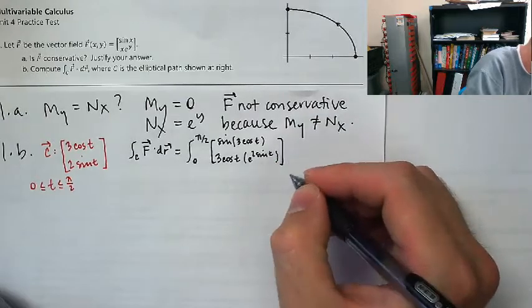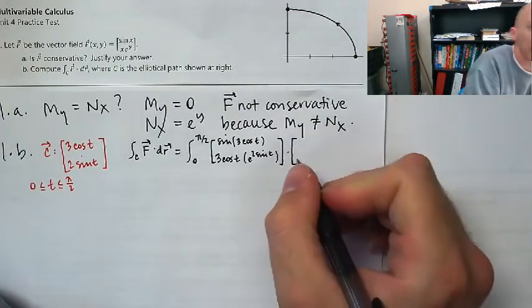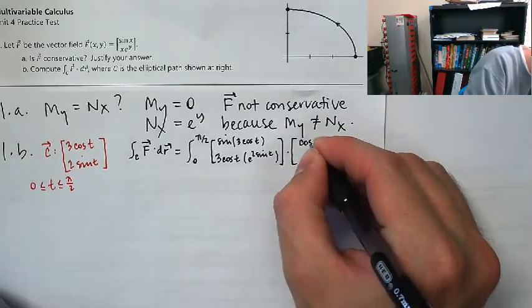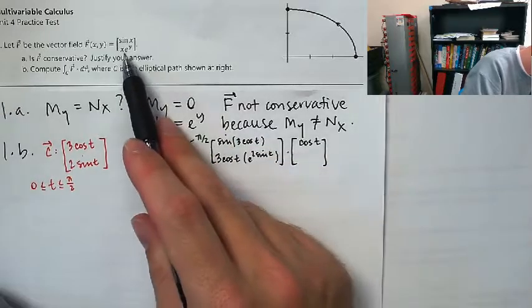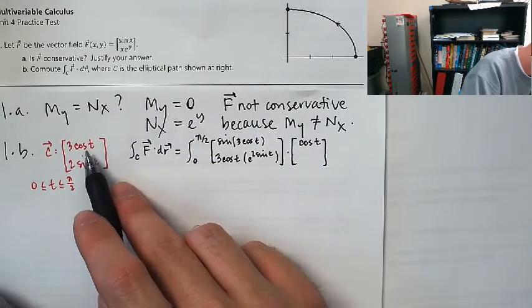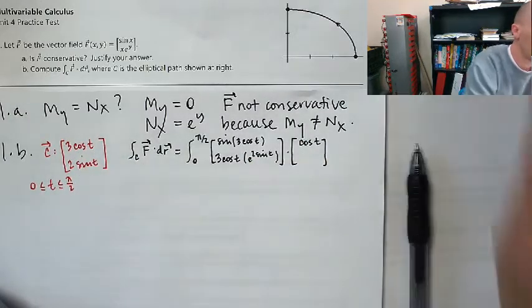Okay, and then dr is dx dy, which is x prime of t dt. So cosine t dt. And then this one is, wait. dr is, goodness, pardon me.